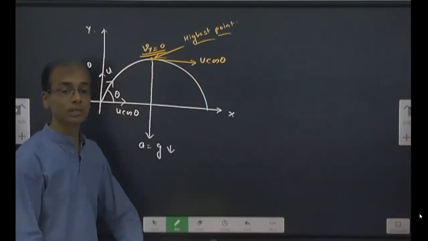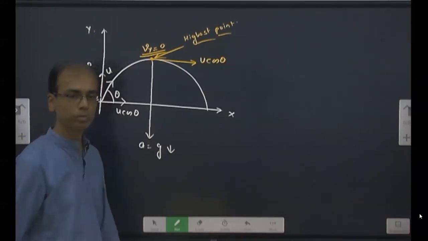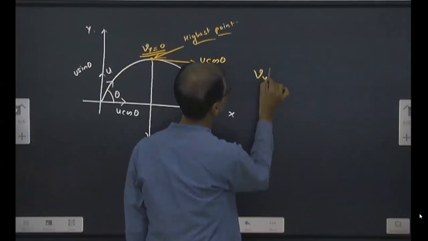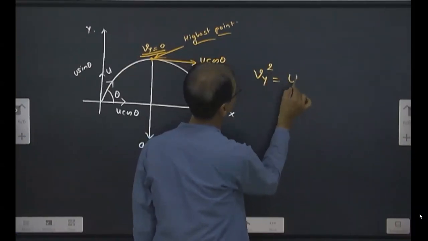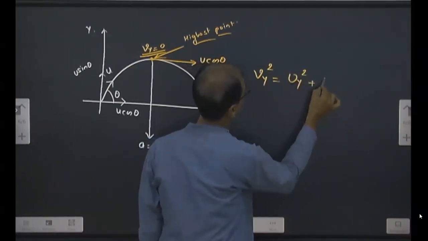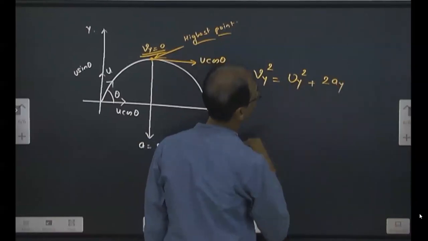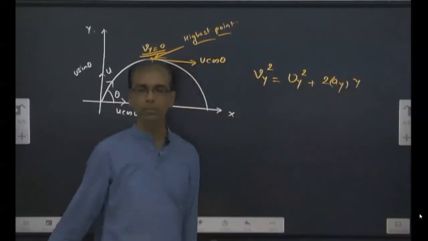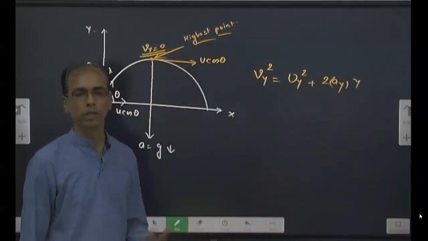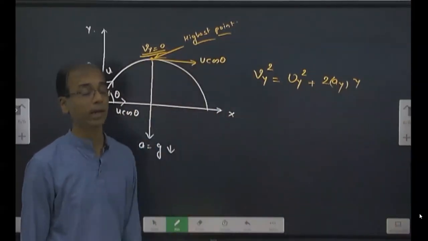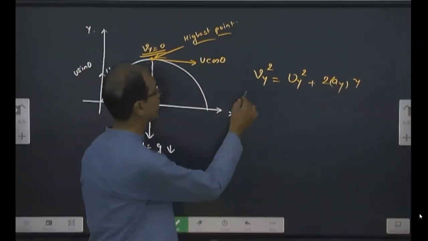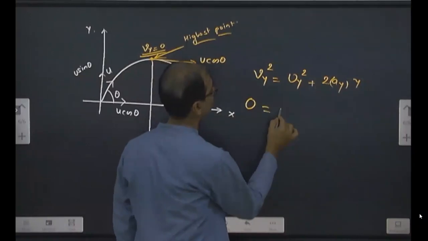So what is then maximum height? How to do? Simple. We know Vy is 0. So if Vy is 0, then I'll use Vy square equal to Uy square plus 2 acceleration along y direction into y coordinate. Okay, Vy is what? 0. Uy is what?